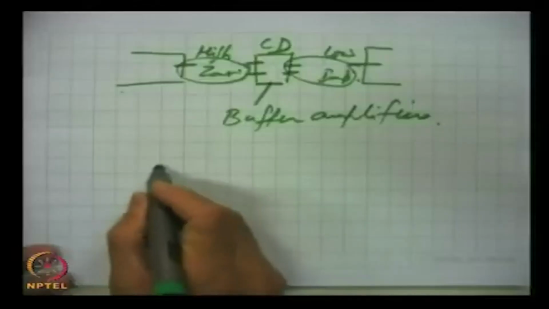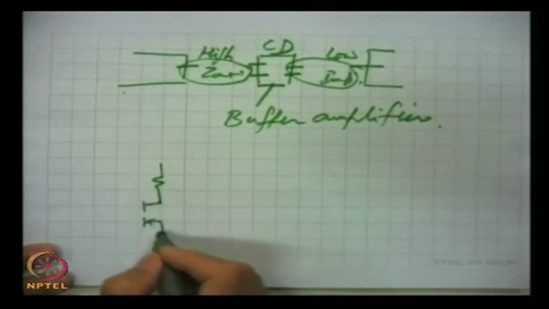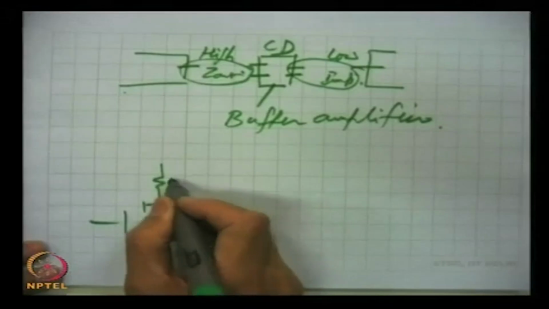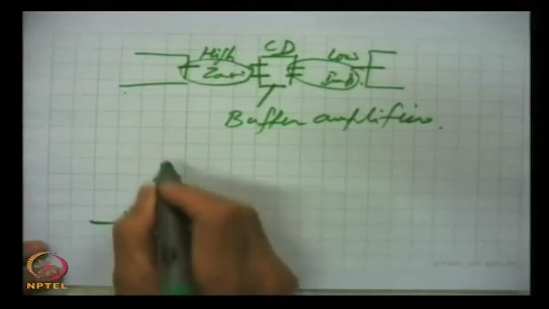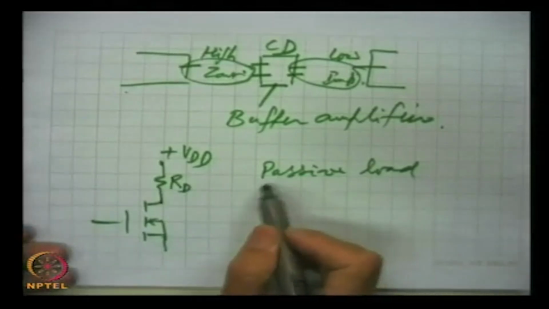When we connect a simple resistance, for example this resistance RD here with a MOSFET, this is called a passive resistance, passive load, and this consumes power.